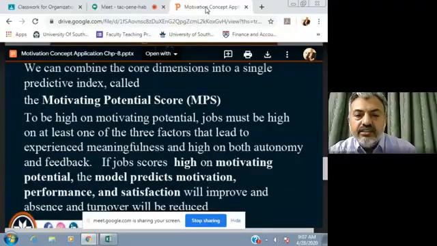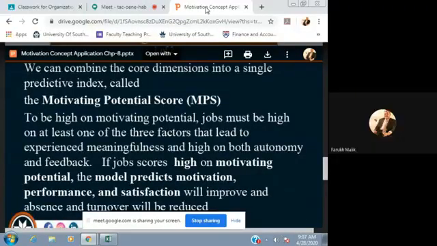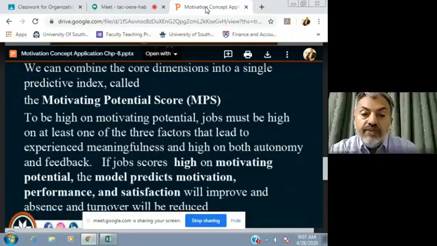What are the 3 things that you are focusing on? This model predicts motivation, performance, and satisfaction. If you are motivated, if you are happy performing the different tasks that you are given, your work performance will be more. You will give better output, and you will remain satisfied as well.